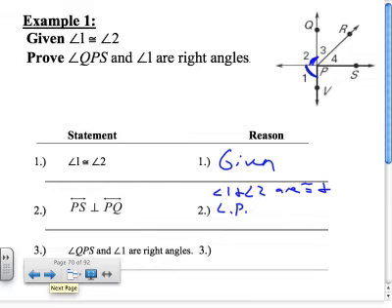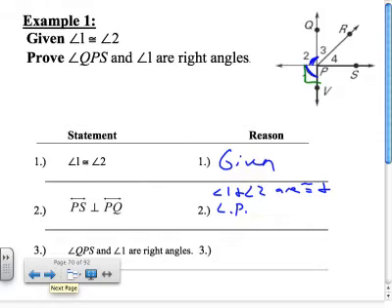But again, I don't want you to waste your time memorizing theorem 3.8. I will not expect you to know that. Just understand the concept. So now, if I know the lines are perpendicular, I know they're perpendicular. That means they have to be right angles. Once I know the lines are perpendicular, I know all 4 of these angles.